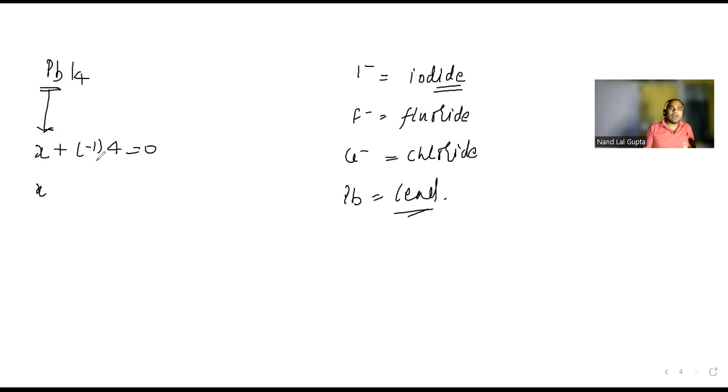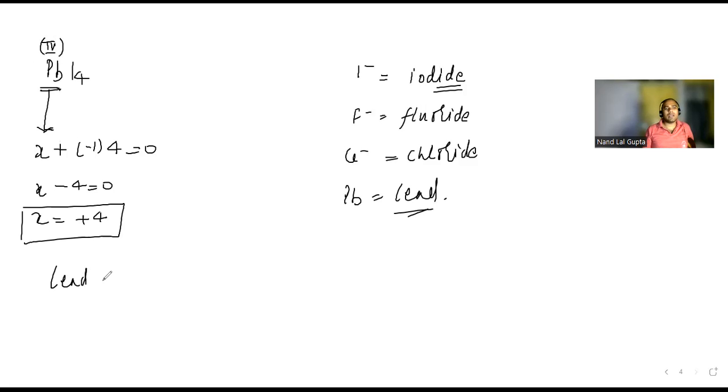Just solve it: X minus 4 equals 0. So X is plus 4. It means the charge is 4, so the name is lead(IV) iodide. Understood this one?